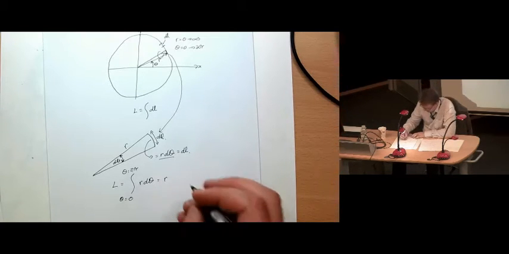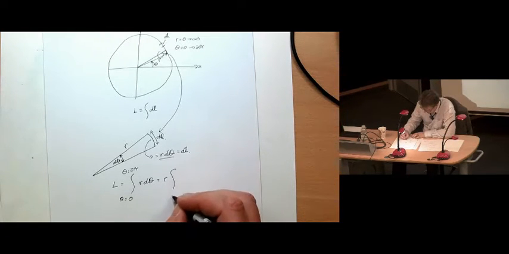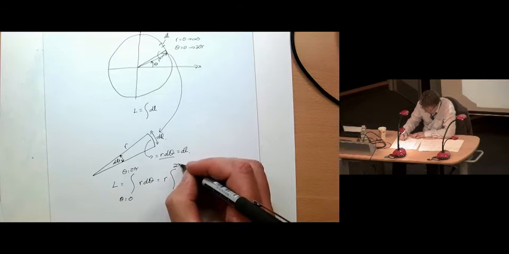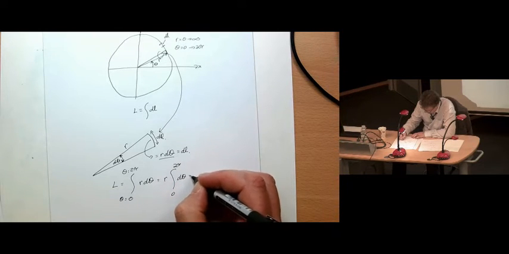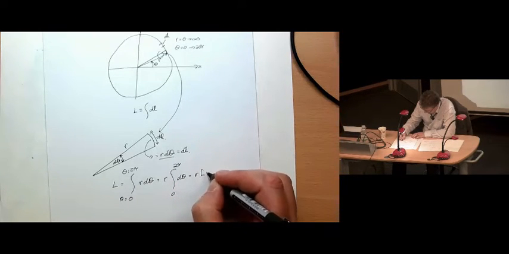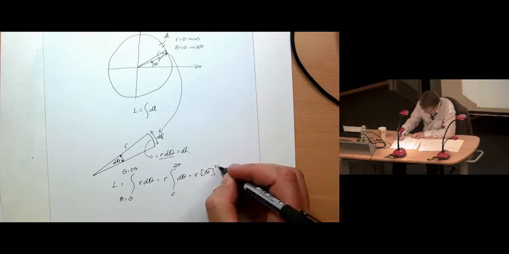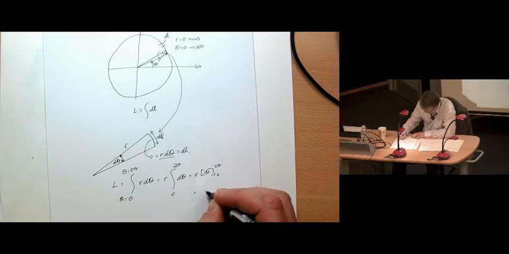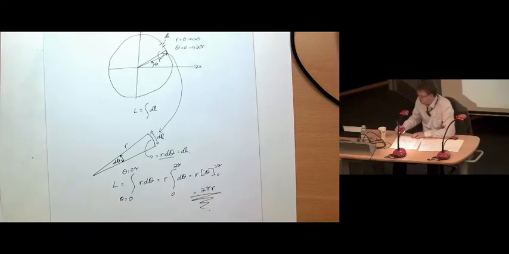There's no radial dependence. So the integral from 0 to 2 pi of d theta is just r theta from 0 to 2 pi, which is just 2 pi r. The circumference of a circle.